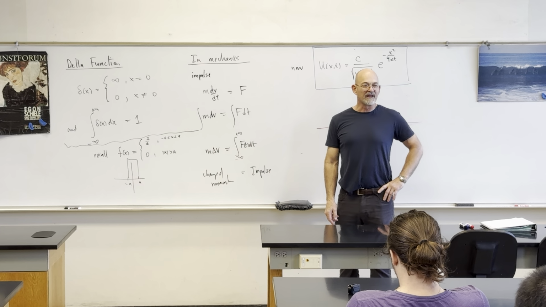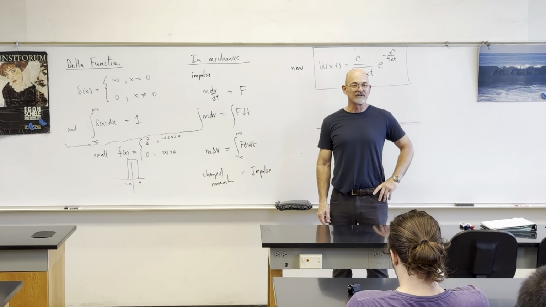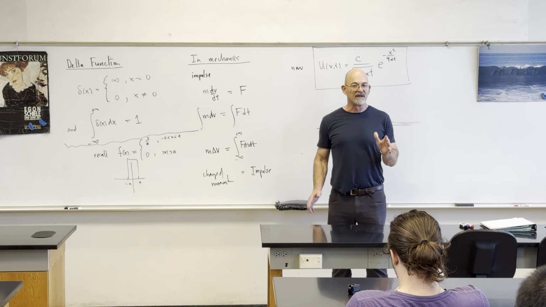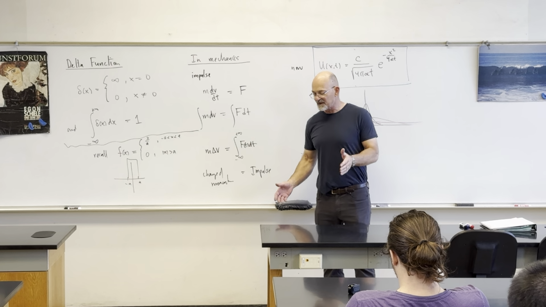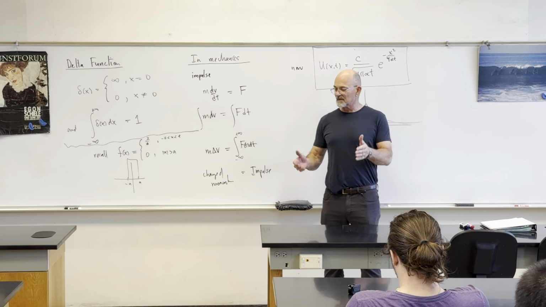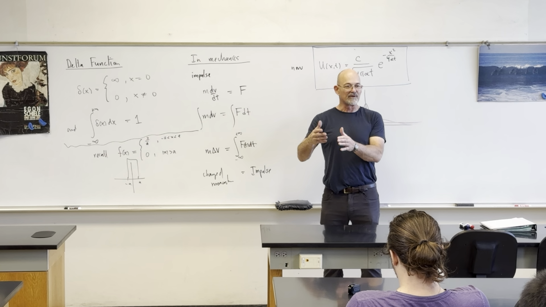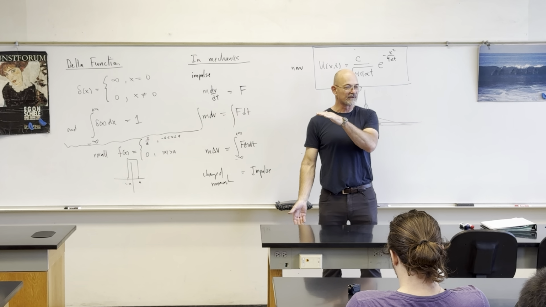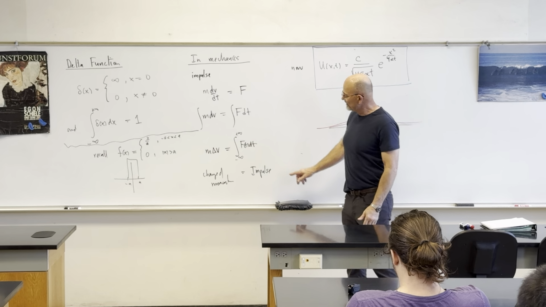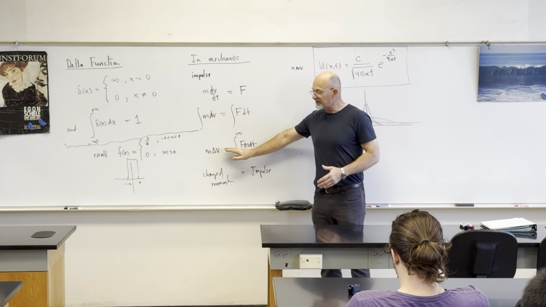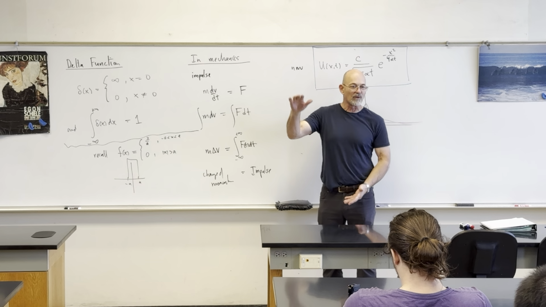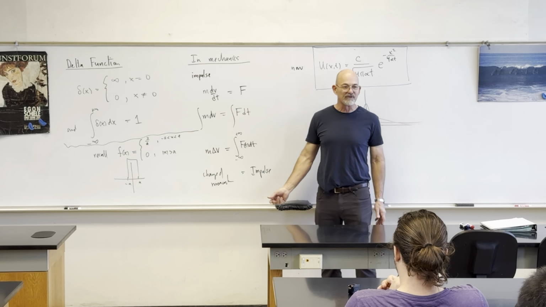If you drop a bowling ball, hopefully not on your foot, the change of momentum is just going to be the mass of the bowling ball times the velocity it acquires before it hits the ground. But that's going to be an extremely sharp blow, and if you were to hit a scale with that, it would be a huge force because the time duration is so small.